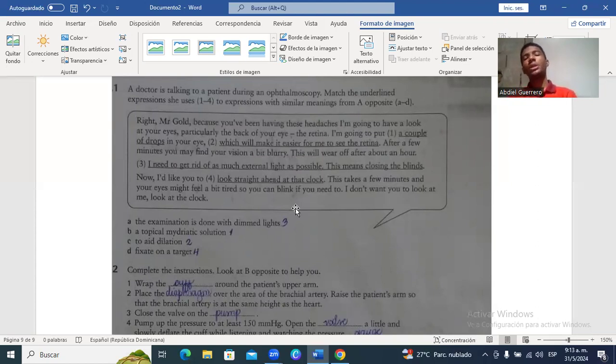The doctor is talking to a patient during ophthalmoscopy. Match the underlined expressions she used, 1 to 4, with the expressions with similar meanings from A opposite, A to D.